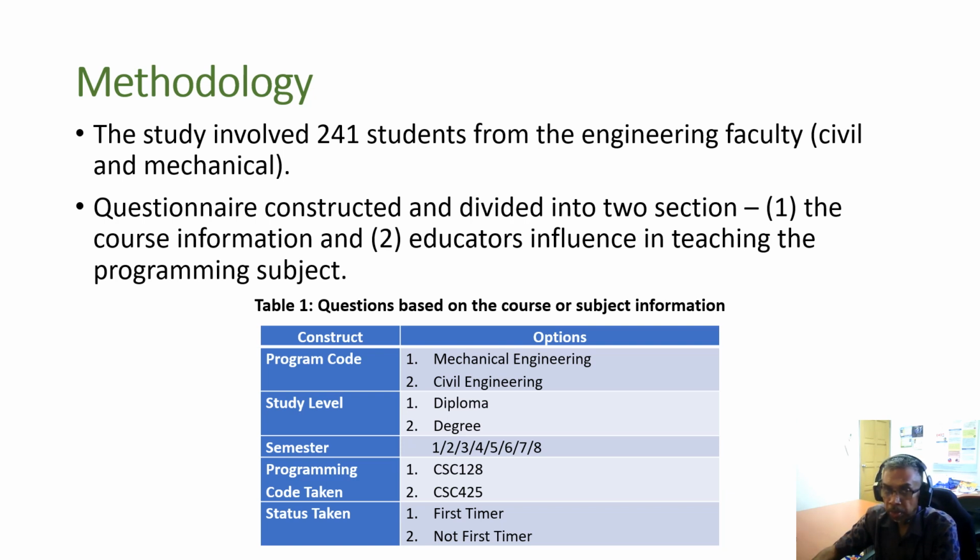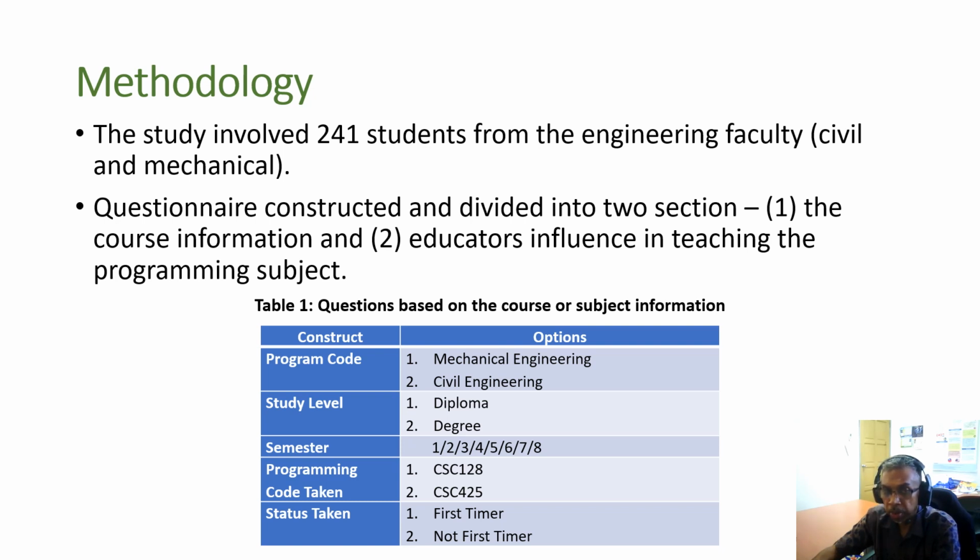Table 1 shows the 5 items that we asked the respondents, such as the program code, the study level, their semester, the programming code, either CSC 128 or CSC 425.